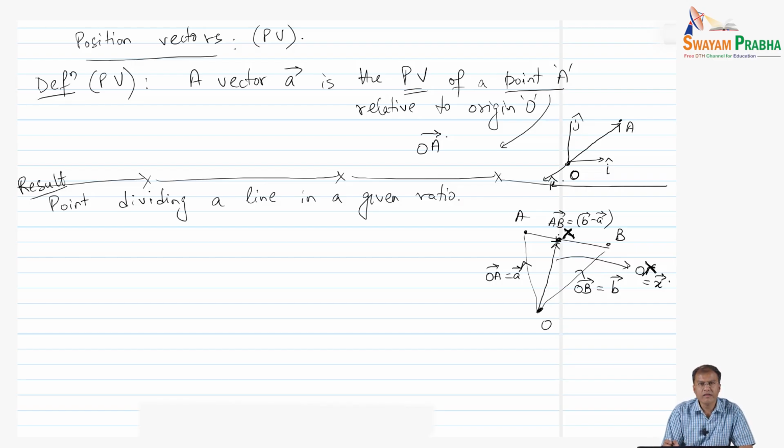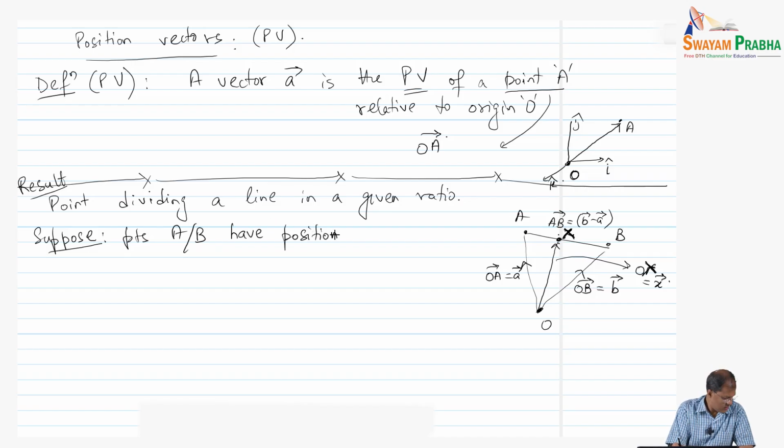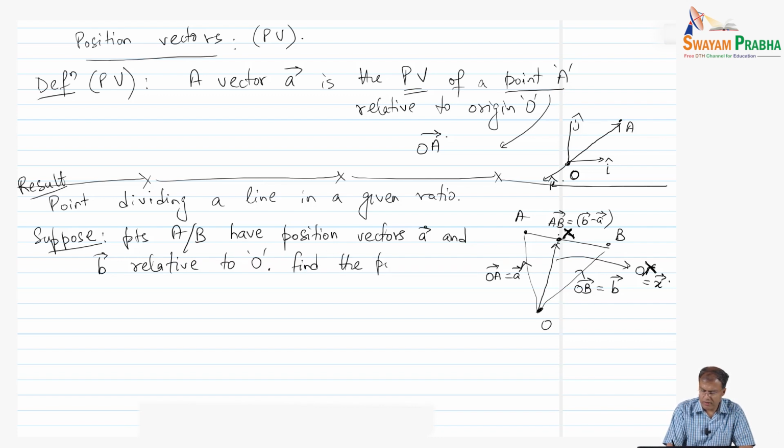Let me write this statement: suppose points A and B have position vectors A and B relative to O.